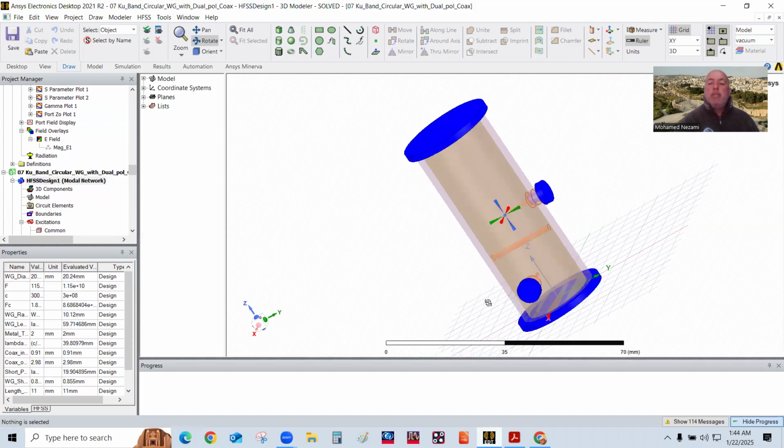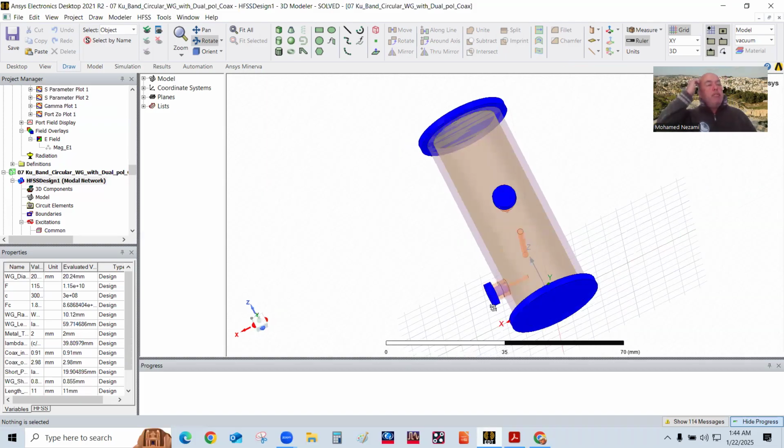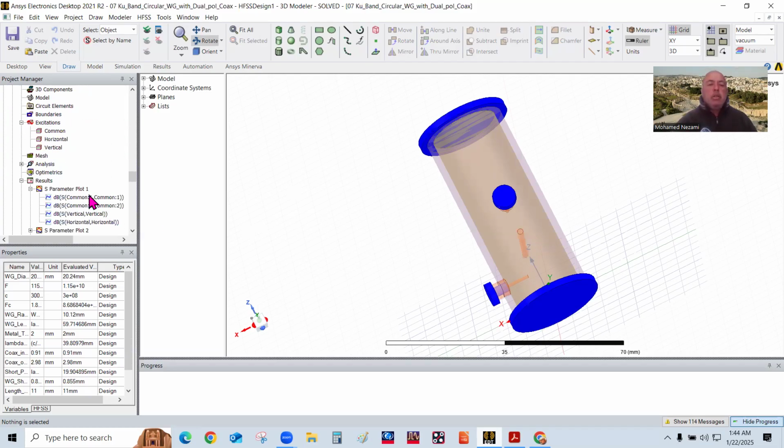Some of the manufacturers of today's LNB feeds utilize square waveguide, and some utilize circular. That's because some have aluminum casting for high volume, or a CNC machine for expensive gateways and ground satellite stations. They go either way.